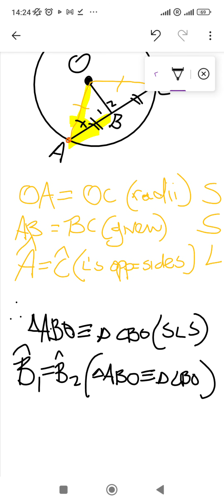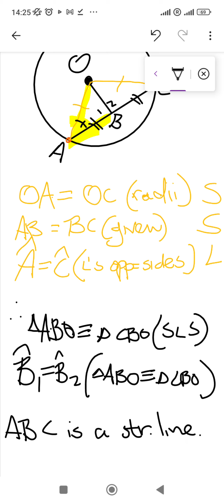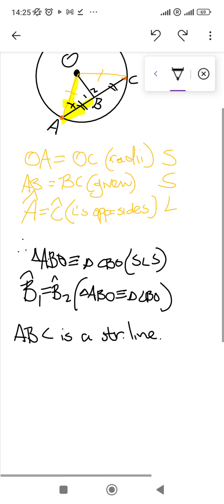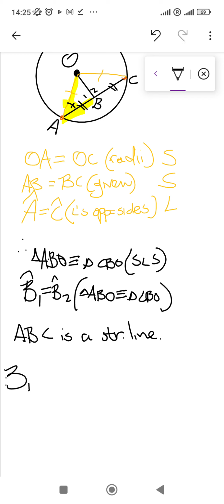And then I'm also going to say that ABC is a straight line. By nature of it being a straight line and them being equal to each other, they would have to equal 90 each. So what I'm saying is this: if it's a straight line, then B1 plus B2 has to equal 180 degrees, because it's a straight line.